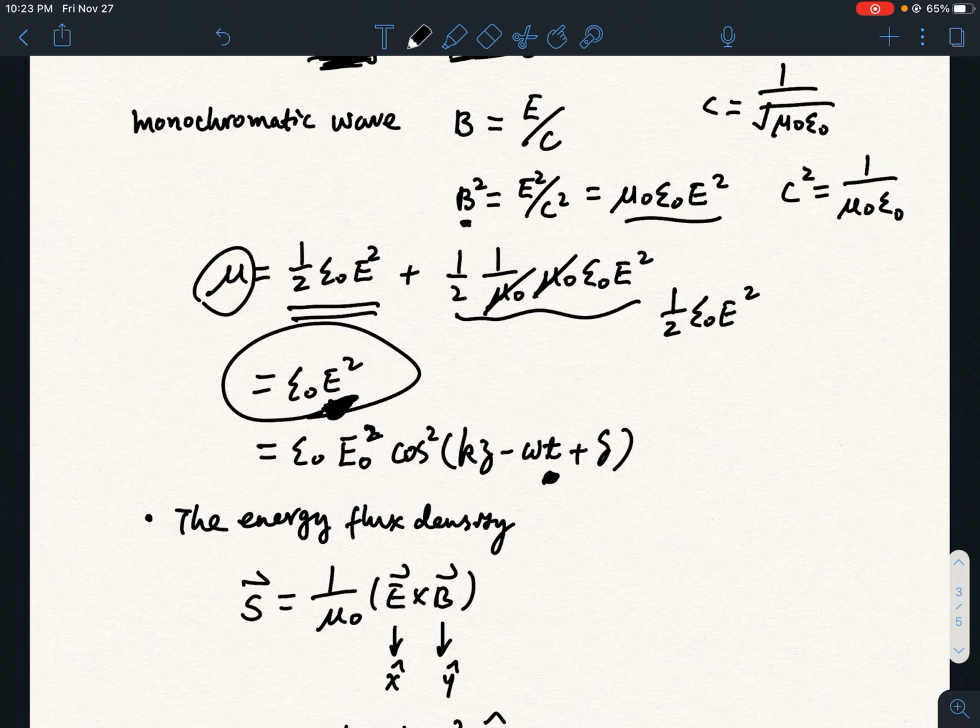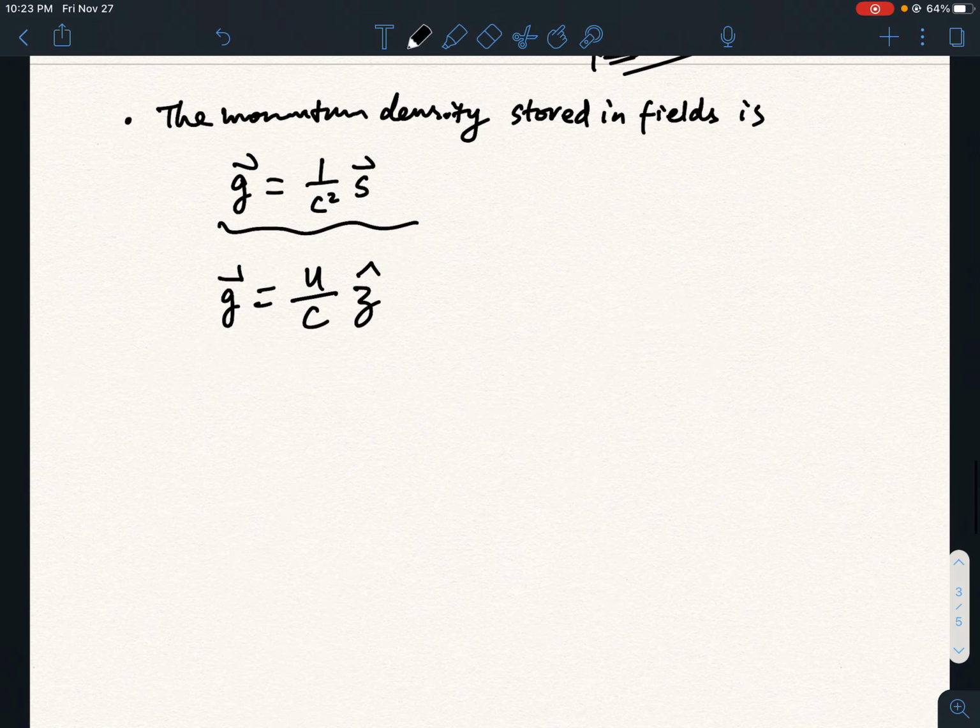When the wave propagates to different positions, the amplitude, because it is E0 times cosine, is different. Because the wave propagates very fast, the energy per unit volume and the energy flux density are different as a function of time.